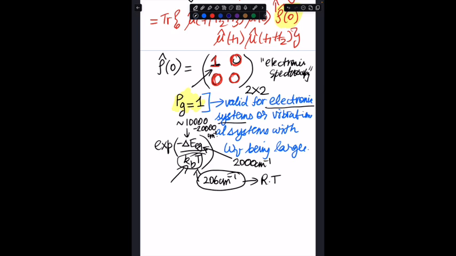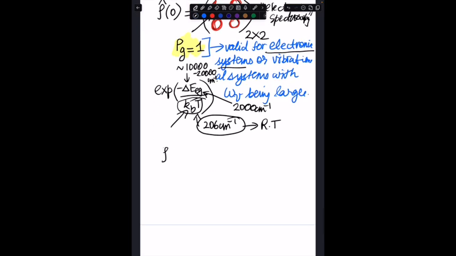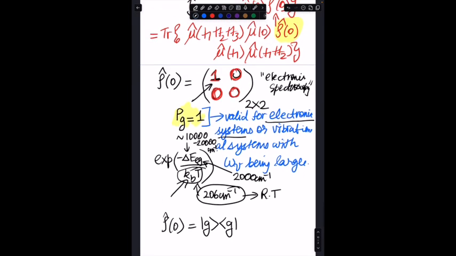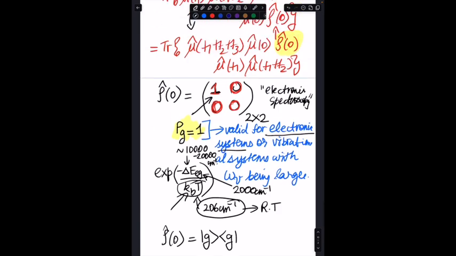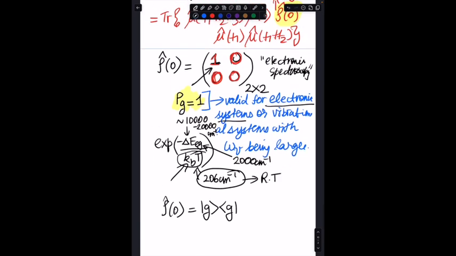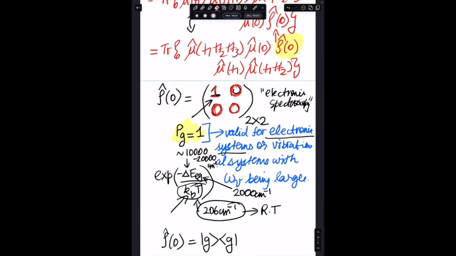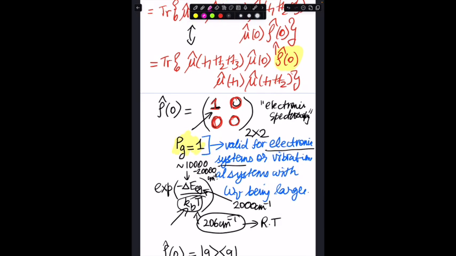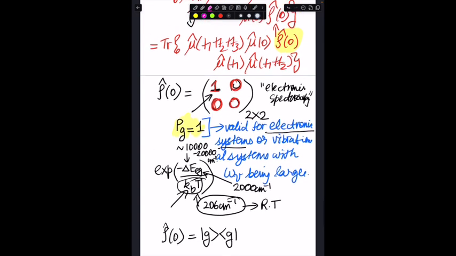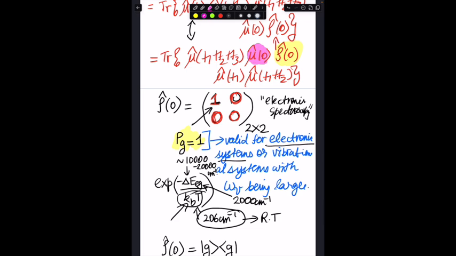So my equilibrium density operator would just be G, G. You just have one element. So what happens is you are probing your equilibrium density operator. Now, the first light field at t equal to 0 interacts with the ket side. So this is GG.